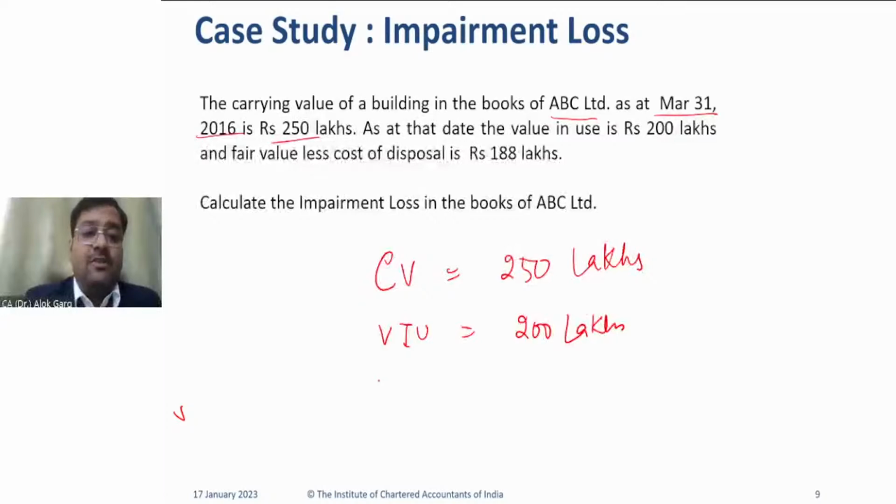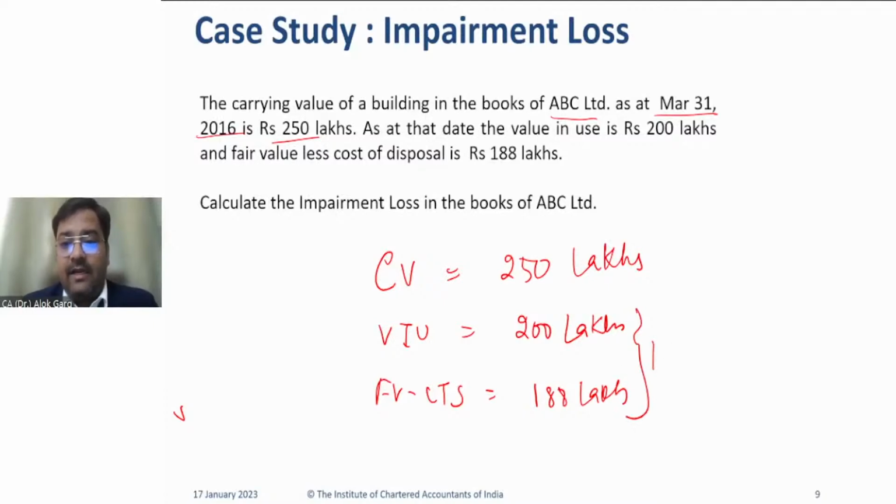And the fair value less cost to sell, or cost of disposal, is also given, which is 188 lakhs. So what is higher here? What is the higher value? The higher value is 200 lakhs.